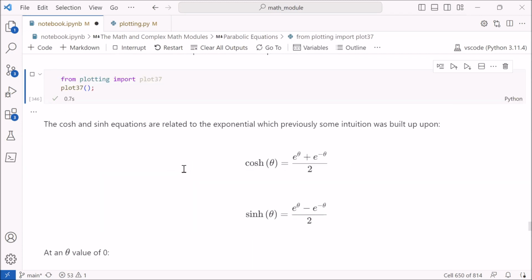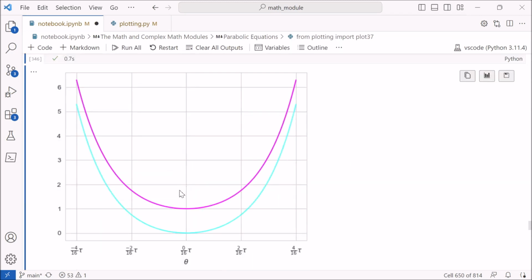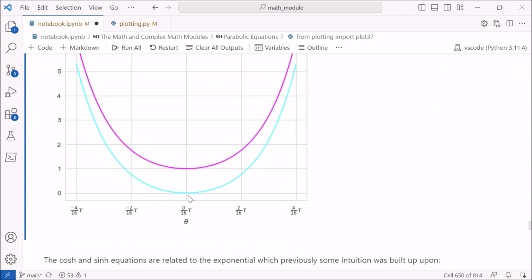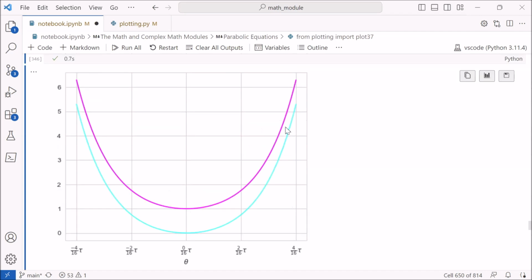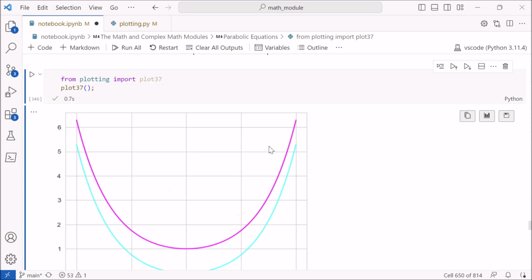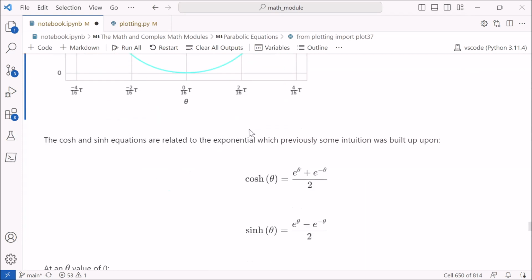And this offset can be seen when the square functions are plotted. So it's this minus this, which is 1. This minus this is also 1. This minus this is also 1. It's also 1 in other places, but visually it doesn't look it just because of the shape of the curves.